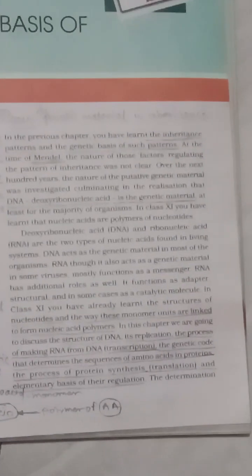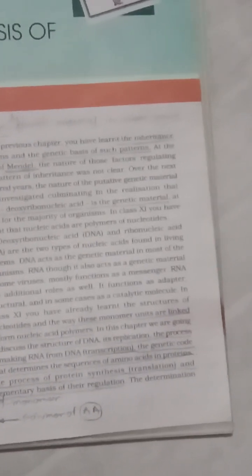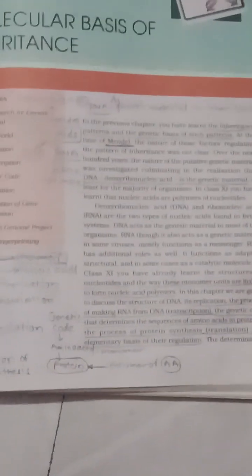DNA is made up of many nucleotides. Okay, those nucleotides are formed by sugar, nitrogen base, and phosphate. DNA replicates itself, which is known as replication, to increase its copies.